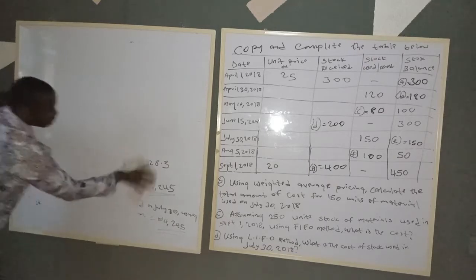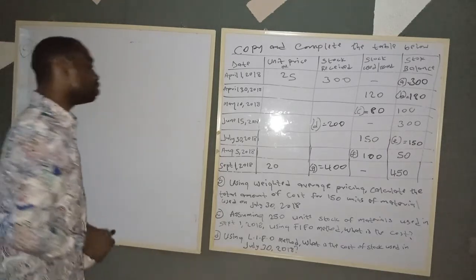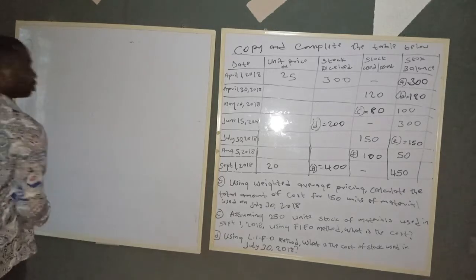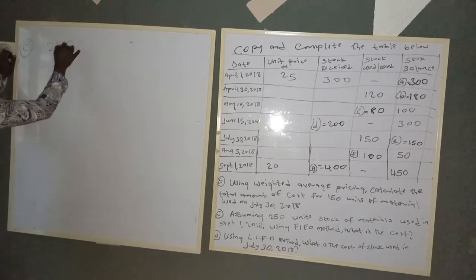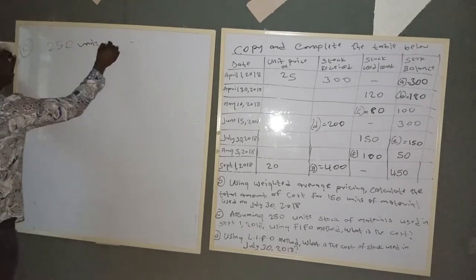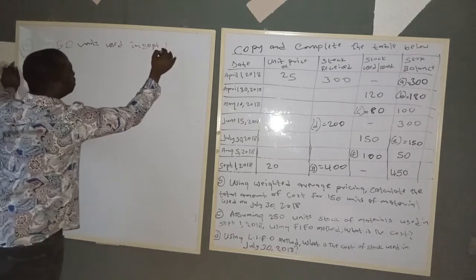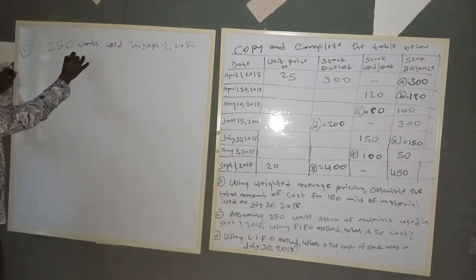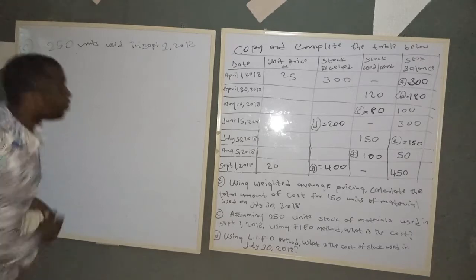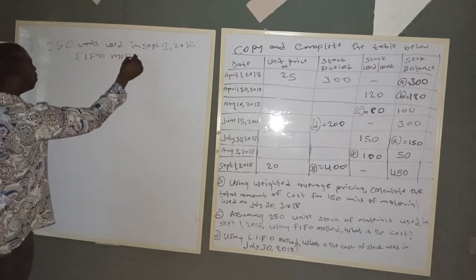In C, we are calculating for 250 units used in September 1st, 2018 using FIFO method, first in first out.